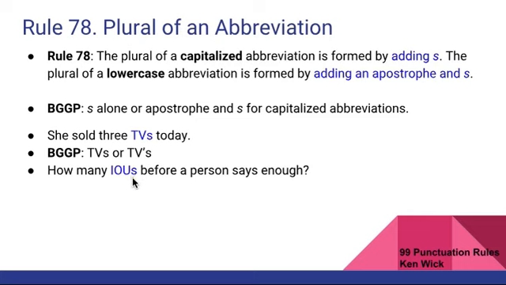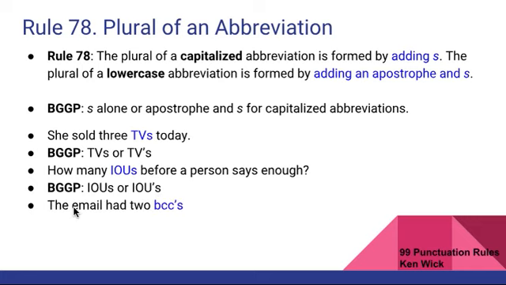We just add S. Once again, the BGGP, you can use S alone or apostrophe and S. Then for lowercase, email had 2 bcc's. Now, just one note, it would probably look funny if you just had bccs. This is the reason why you need the apostrophe with the lowercase, because it would sort of just all run together. So, apostrophe and S for this.